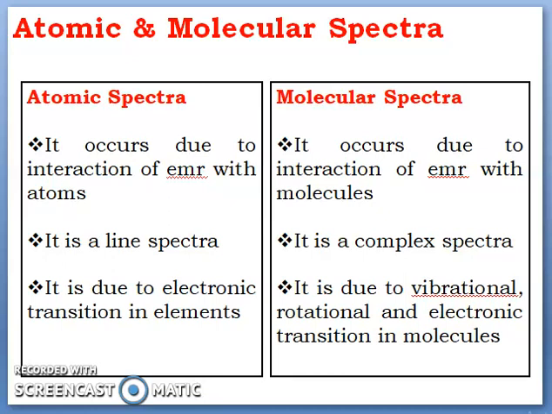Spectroscopy is the interaction of electromagnetic radiation with matter, whereas spectra is a readout recorded by a recorder out of the interaction of electromagnetic radiation with matter. I hope it is clear.